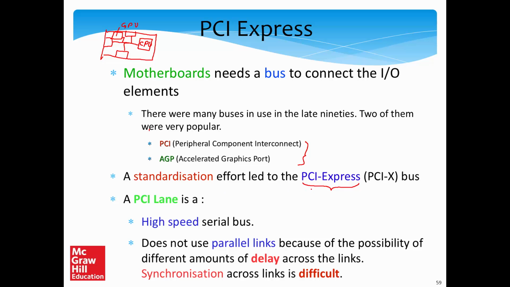So the PCI Express standard, which you can find on their website, defines the concept of a PCI lane, which is a high-speed serial bus. So serial bus means it sends one bit at a time.